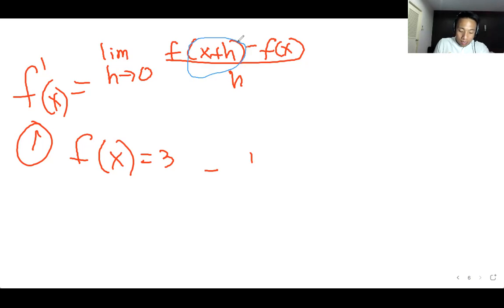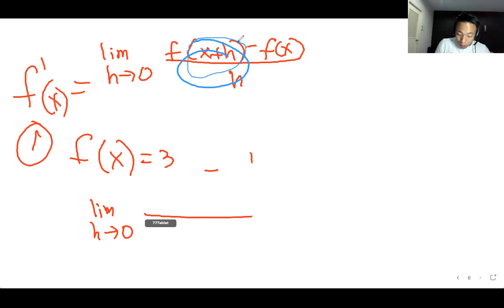Do we have X here sa ating unang given? We don't have any X, right? So parang wala lang siyang pakialam dyan. Okay? So since we don't have the X here on this part, I will just put limit of H approaching 0, 3, okay, minus our f of x, which is 3.